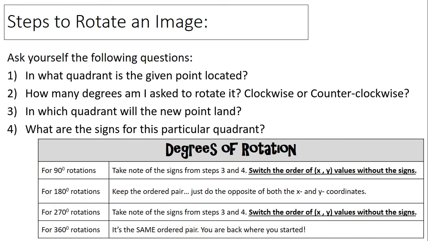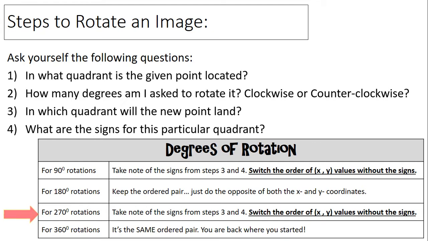After these 4 steps, you'll consider the degrees of rotation table. For 90-degree rotations, you'll take note of the signs from steps 3 and 4, and switch the order of the x and y values without the signs. For 180-degree rotations, you'll keep the ordered pair just as it is, only do the opposite of both the x and y coordinates.